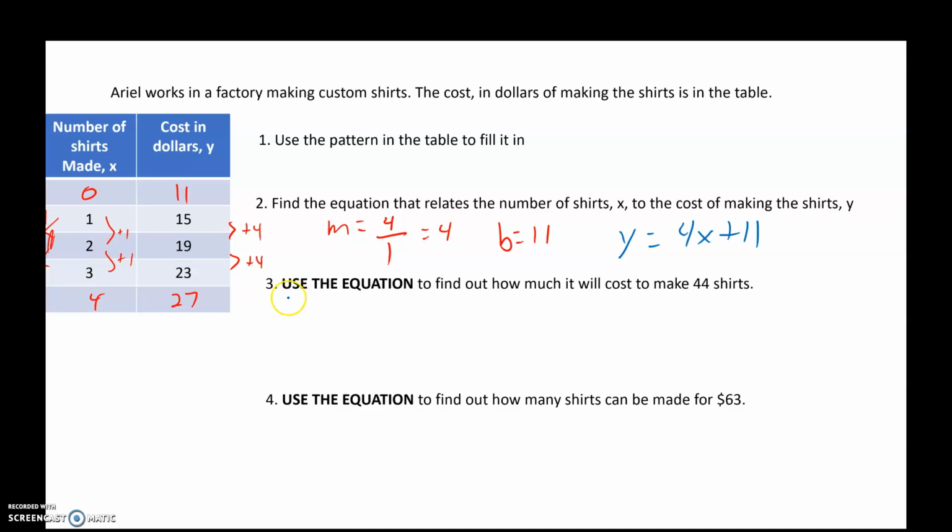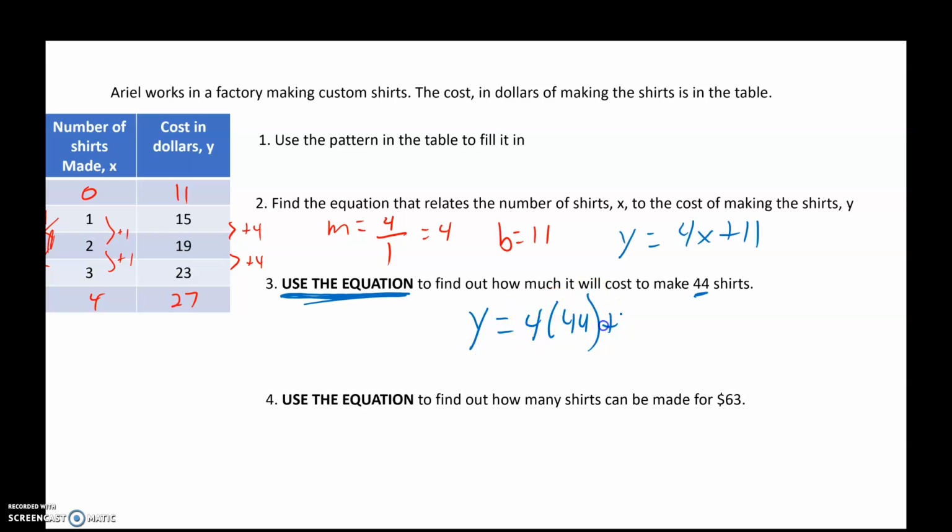Now here's the key on this next part: actually using the equation. When you're asked to use the equation, that means you need to plug numbers into it. So if we want to find out how much it costs to make 44 shirts, that 44 needs to go into one of these letters. The number of shirts is represented by x, so this 44 is going to go into the x position.